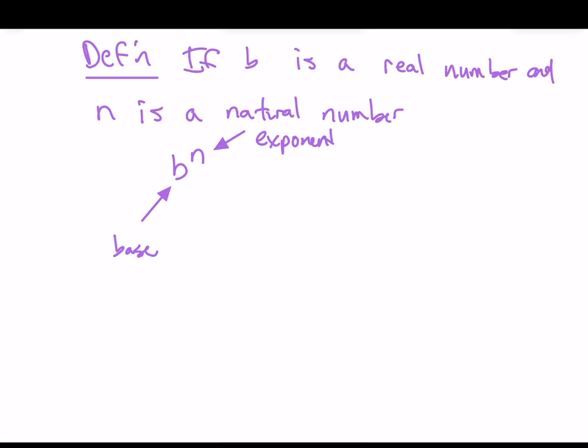Well, b to the n is equal to b times b times b times some more times b. How many b's do we have? Well, we have n factors of b. B appears as a factor n times.